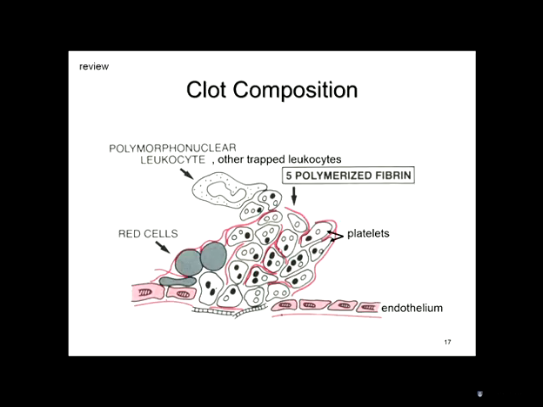So the fibrin is the result of the coagulation cascade, which is like cement binding together the bricks. Platelets are the bricks, and fibrin is the cement.